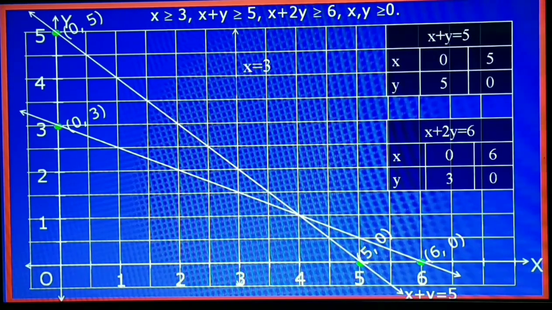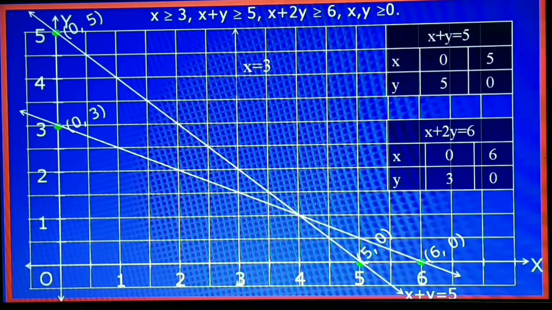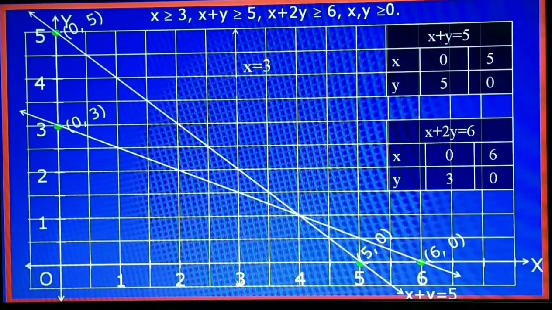Now decide the shaded region or visible region, how to shade. Consider the coordinates of the origin, that is x is equal to 0, y is equal to 0.